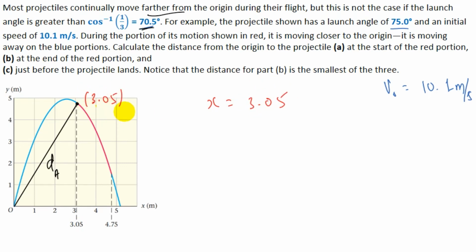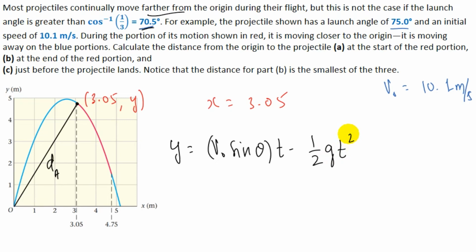Now the y coordinate we don't have, so we're going to find the y coordinate first, and for that we can use this equation. y equals v0 sine theta multiplied by t minus 1 over 2 g t square. Now here t is the time at this point, but we don't have the value of time, so do one thing, first calculate the time.